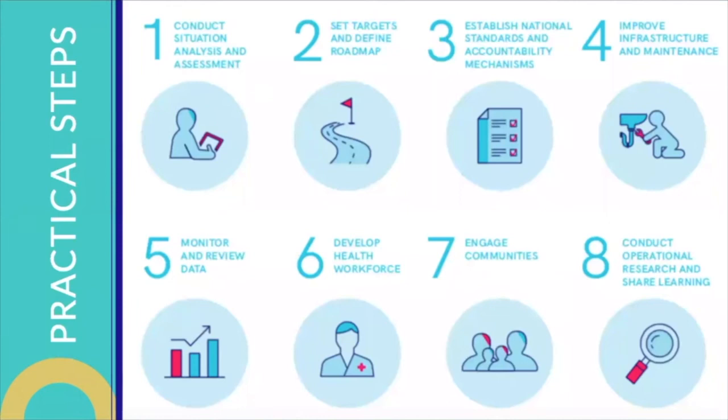This is just a basic roadmap for countries to follow in order to achieve universal coverage by 2030, starting with situation analyses and assessment, moving on to setting targets and defining roadmaps, establishing national standards and accountability mechanisms, improving infrastructure and developing operation and maintenance plans, developing monitoring indicators and reviewing that data, supporting the development of the health workforce, engaging communities, and conducting operational research and shared learning.